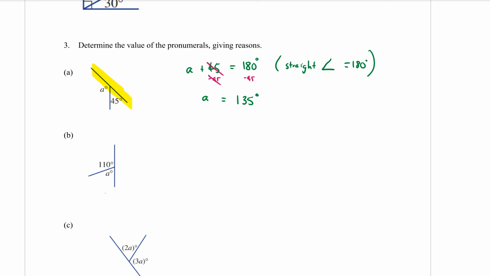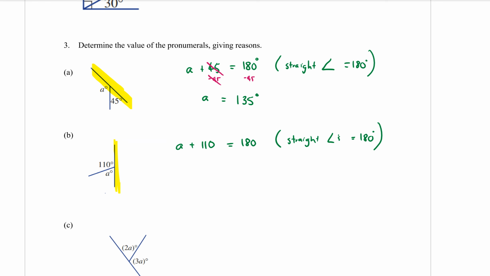Next, we have another straight line here. So again, those two angles make 180 degrees. A plus 110, add the two angles together, equals 180. Always write your reason in brackets. And it's because straight angles equal 180 degrees.